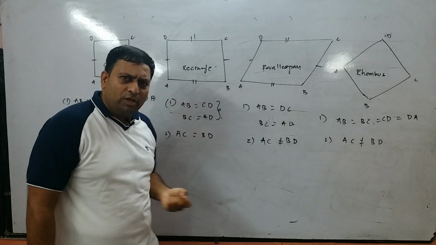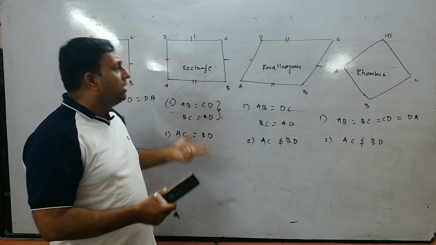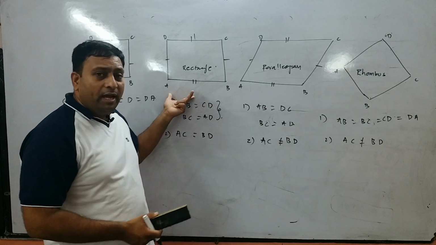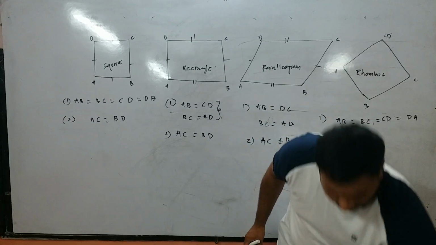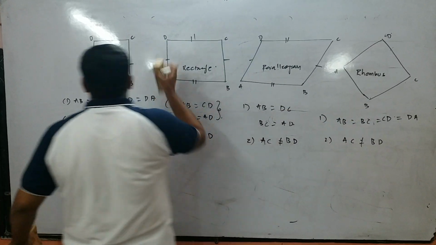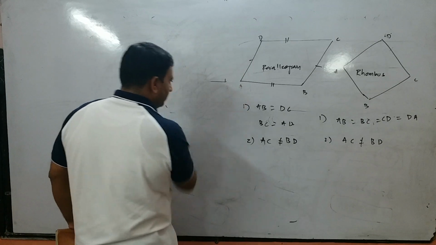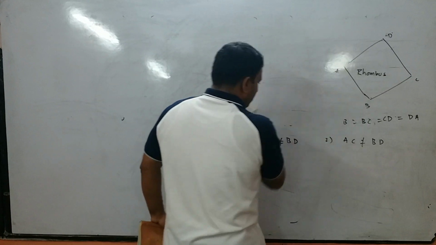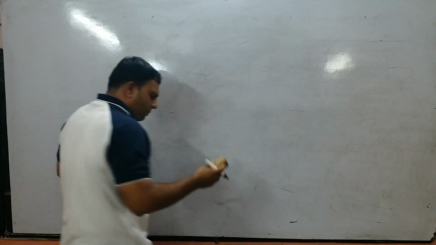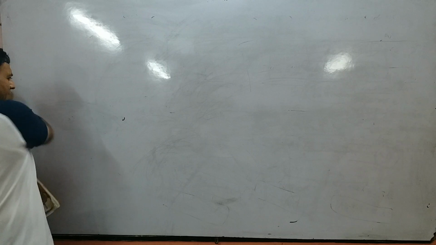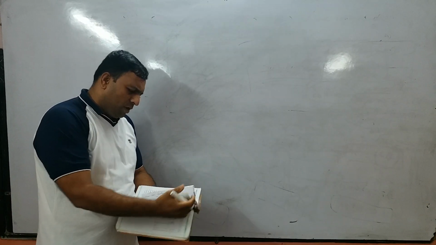Now I will come up with a numerical, and through one numerical you will try to find out what kind of figure the given vertices form. So let us go with a question. You can pause the video and copy these conditions on a white paper.